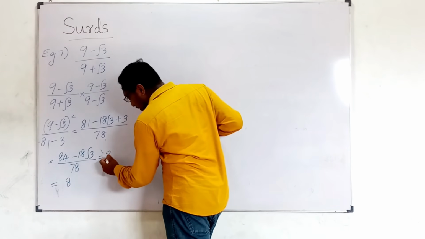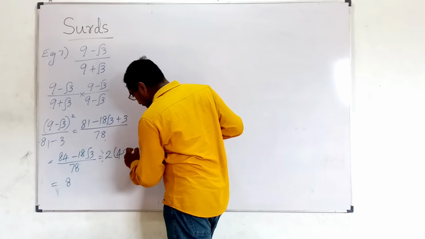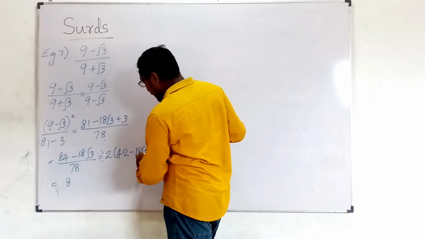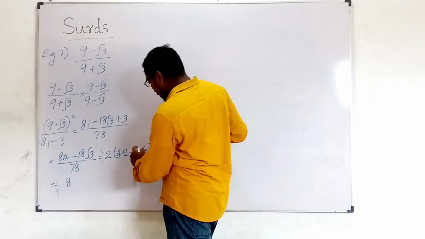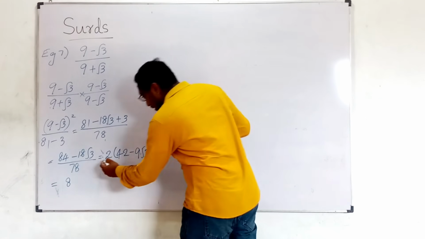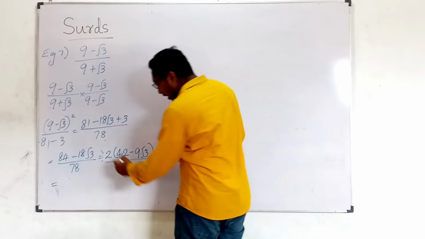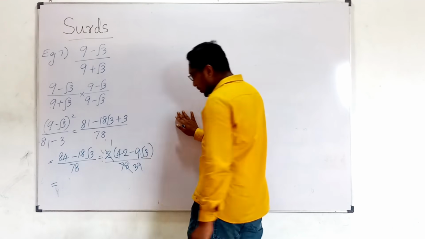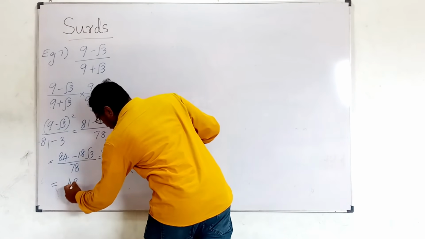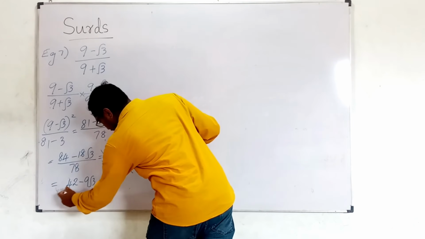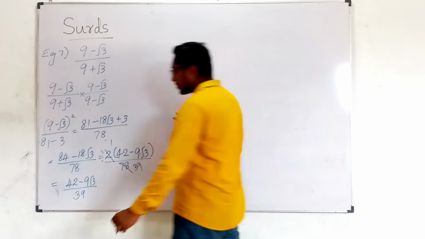I will take 2 out because 2 is the common factor here. So then it becomes 42 minus 9 root 3, and down it's 39. So the final answer will be 42 minus 9 root 3 divided by 39.